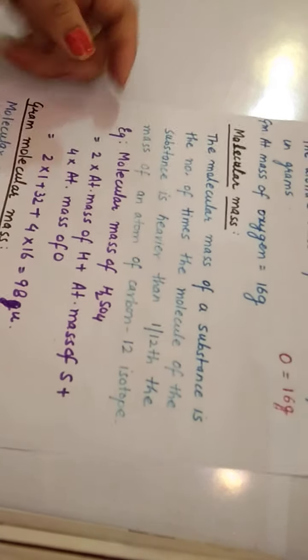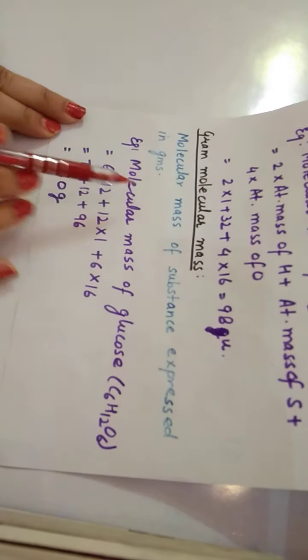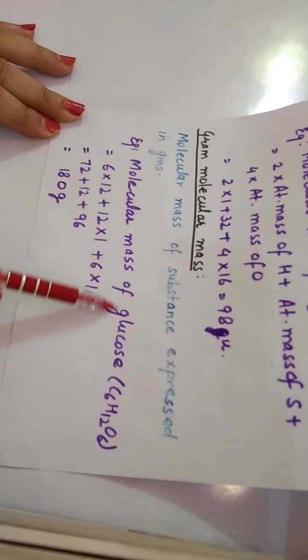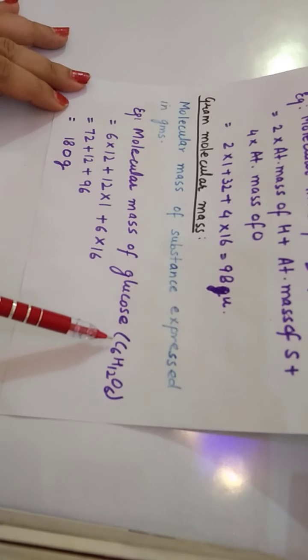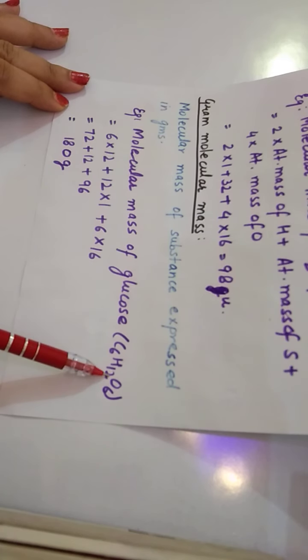In the same way, what is gram molecular mass? It is the molecular mass of a substance expressed in gram. Suppose you need to find out the molecular mass of glucose. The formula of glucose is C6H12O6.